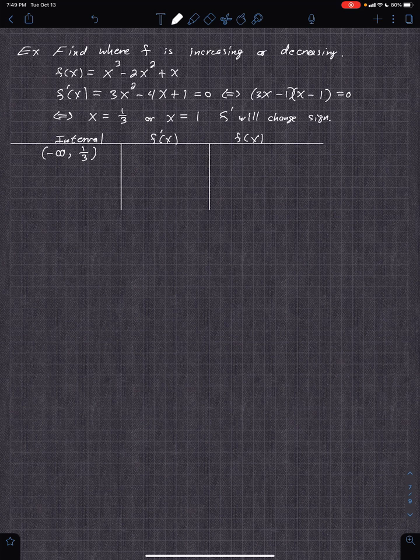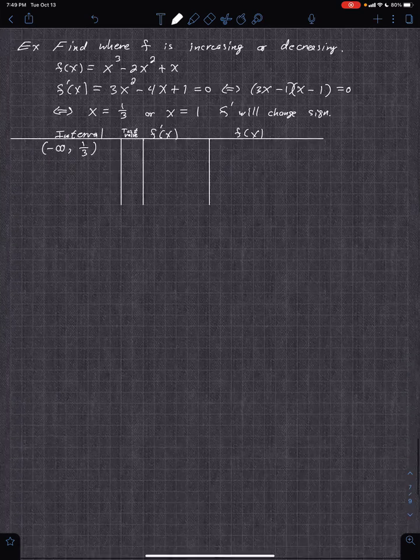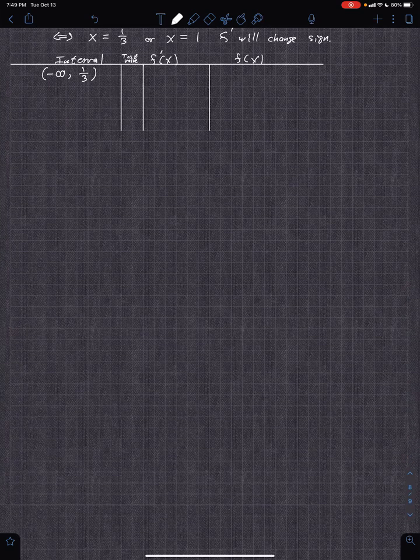I didn't show a test value, but let's put one in here, and then what you're going to test. So the test value is what you're going to plug into the interval to see what it is.